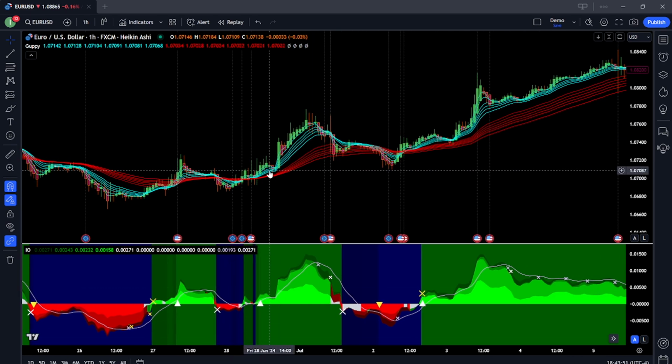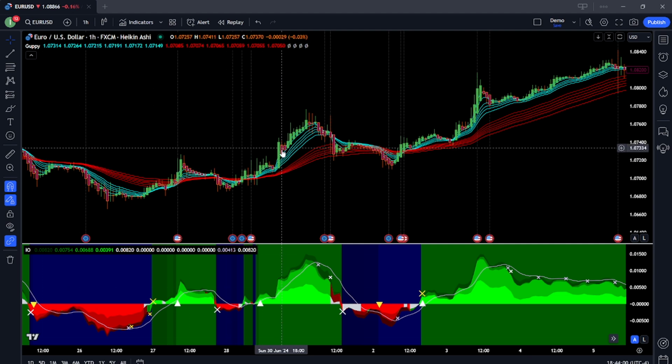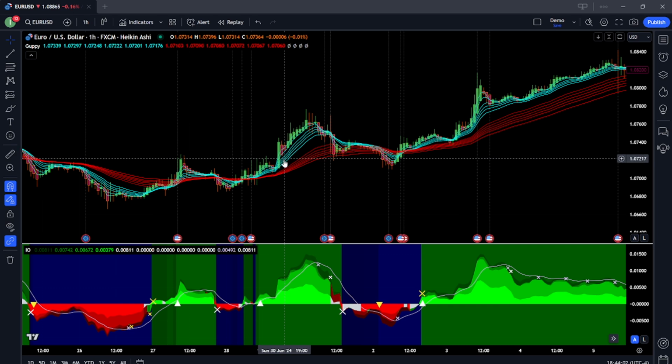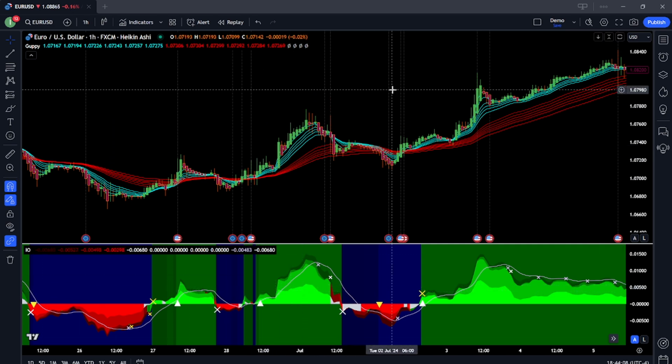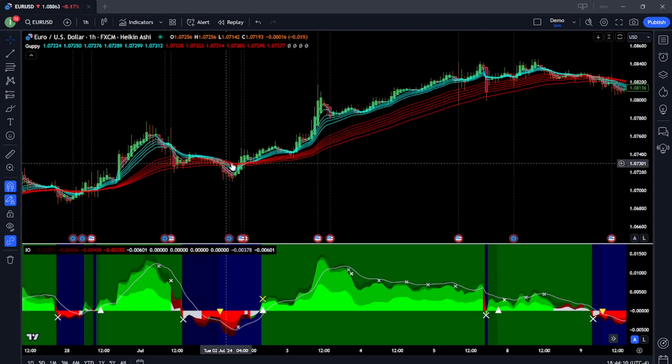And here you see the red group getting separated, and at the same time the blue group is above red, and the Ichimoku oscillator is green. You can make an entry here. And then here it's a sideways market. When they are grouped or merged together, the lines are into each other.